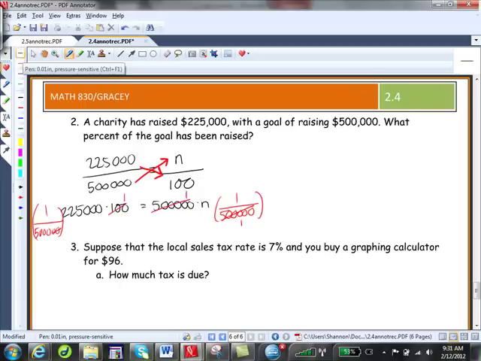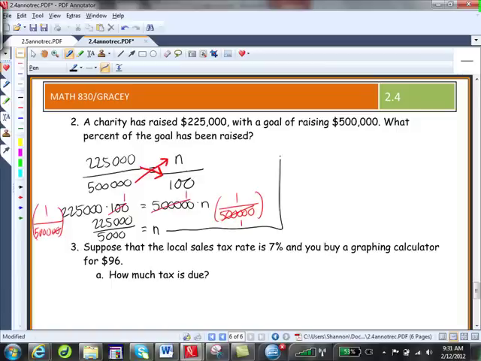So, let's see what we ended up with. We ended up with 225,000 over 5,000 is equal to n. So we still need to go a little ways to simplify. So here, do you see at the end of the day, we will get 45 is equal to n.